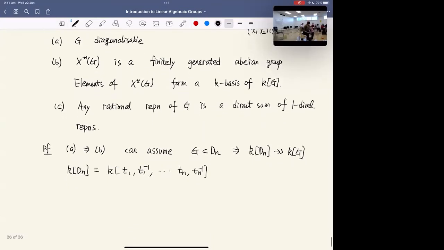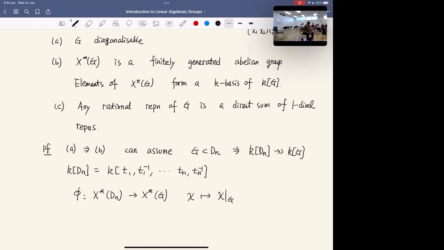So we also have a map that takes characters of Dn to characters of G, which takes any character to its restriction to G. Of course, it's still a character.